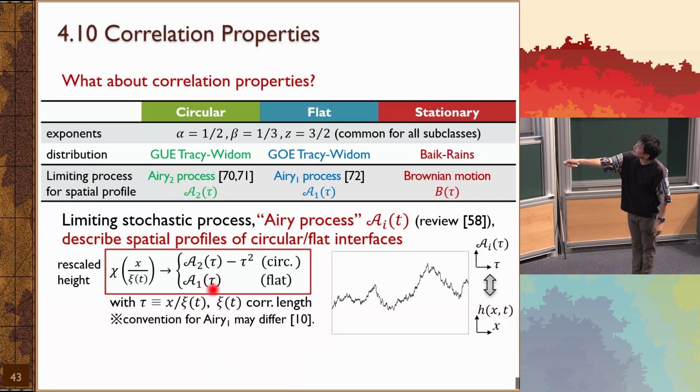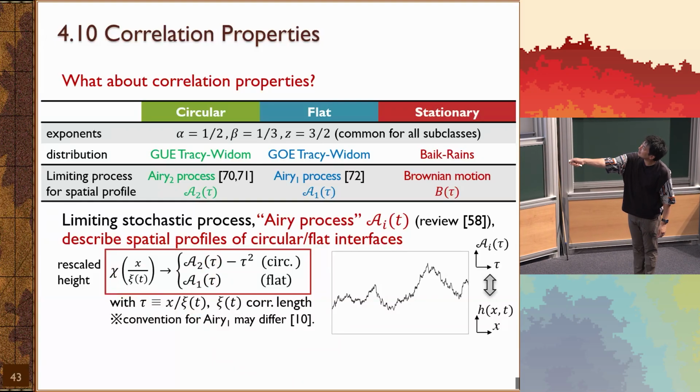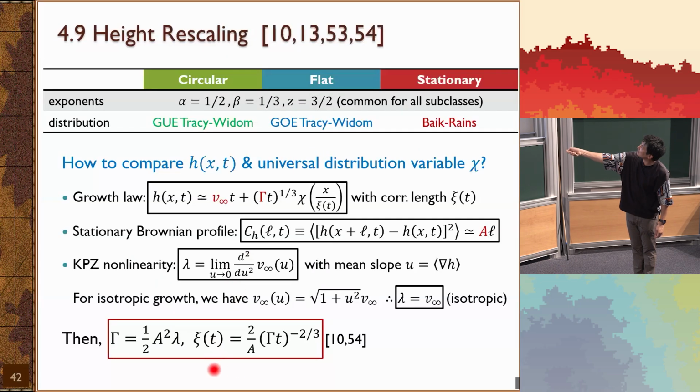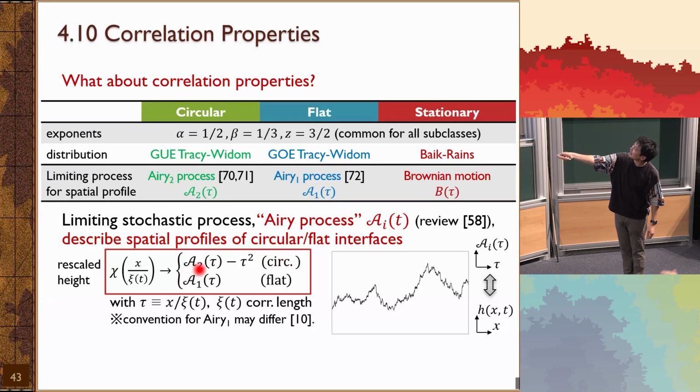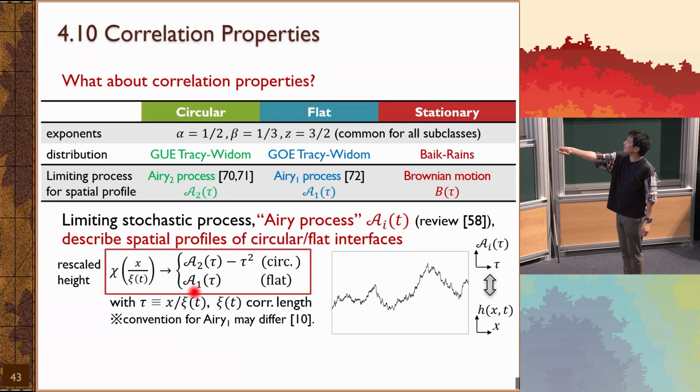OK, so by using this Airy process, the rescaled height that I defined in the previous slide, chi, as a function of x over xi, should converge to this kind of object. So for the circular case, it converges to Airy-2 process minus parabola, which reflects the curved structure of the interface. For the flat case, it converges to the Airy-1 process.